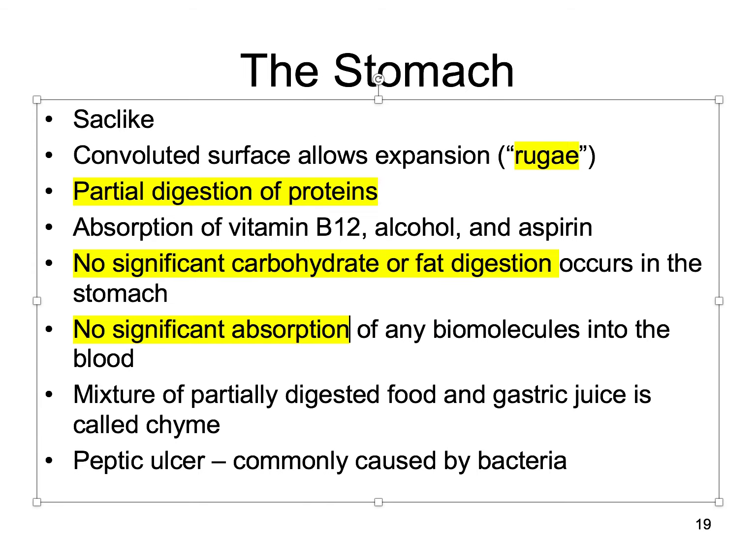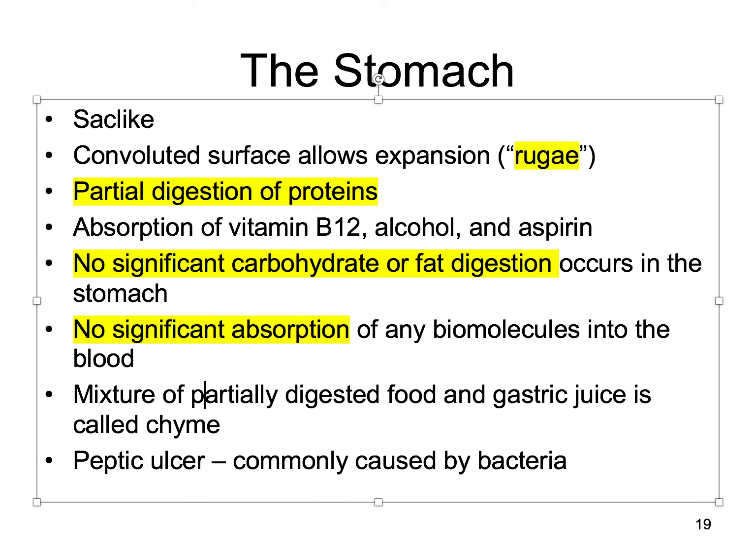Remember, the two processes are digestion and absorption. Digestion is breaking stuff down, absorbing is sucking it up into the cells. We don't see the sucking up happening in the stomach with the exception of vitamin B12, alcohol, and aspirin. Most of the absorption will happen in our intestines.